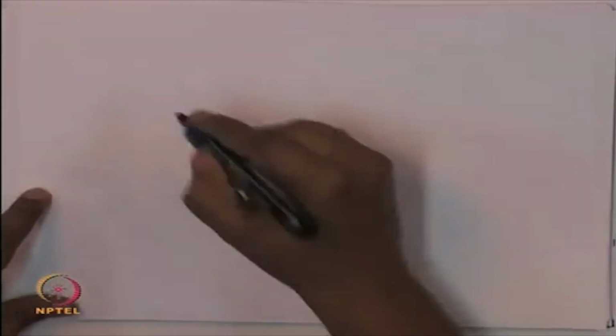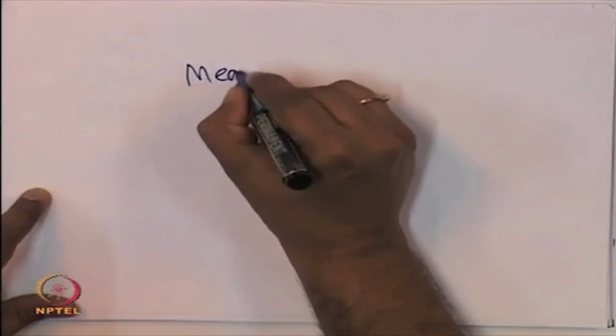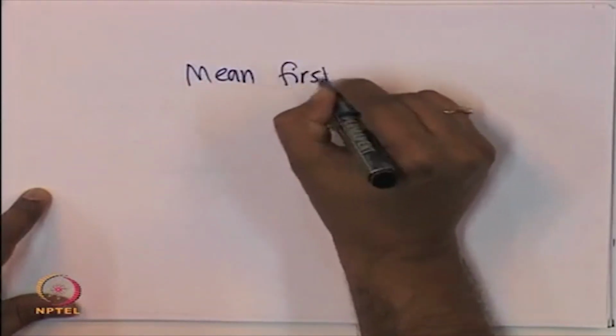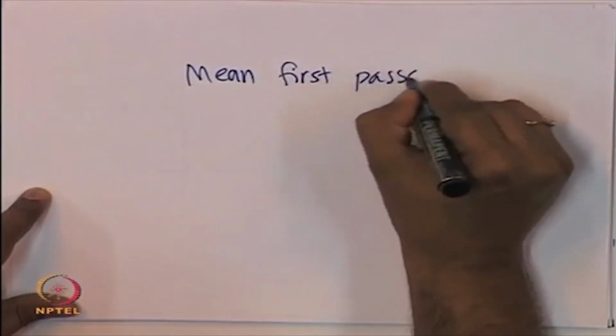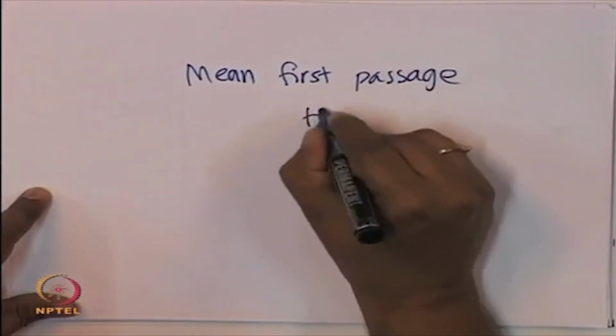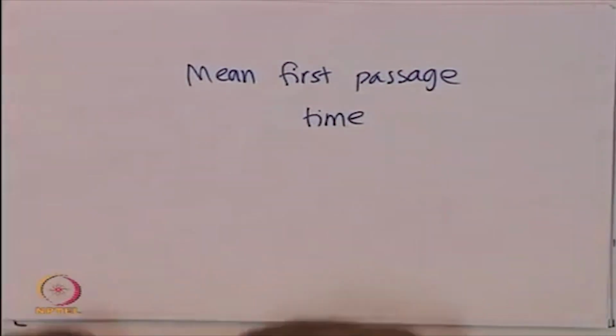There is something called mean first passage time in statistical physics and in statistics in general. So what is the probability that for the first time a gene will be completely lost? The mean time can be calculated. This is another quantity that we can compute from this model.